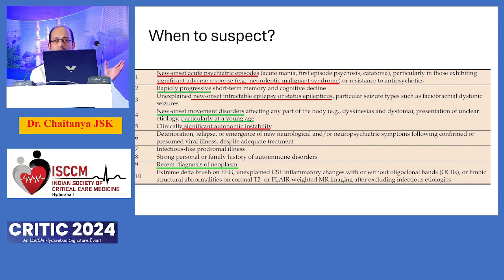Those presenting with these symptoms following some acute infection, acute illness or starting of immunosuppression, we need to think of autoimmune. Abnormal EEGs, abnormal MRIs, or abnormal CSF with signs of inflammatory changes should all lead us to think of autoimmune encephalitis.